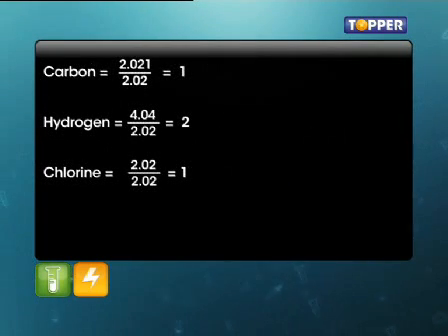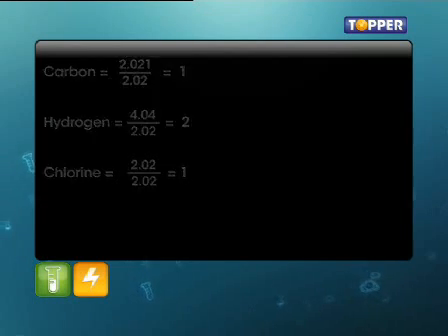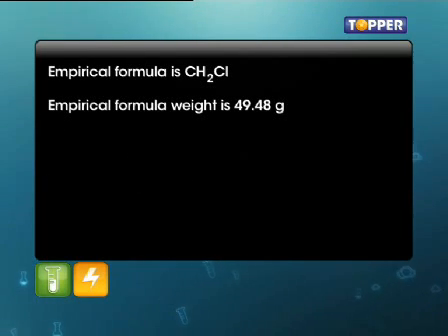So, our first step is to calculate the moles of carbon, hydrogen and chlorine. Then divide them by the smallest number, 2.02. Hence, the empirical formula is CH2Cl and the empirical formula weight is 49.48 grams.